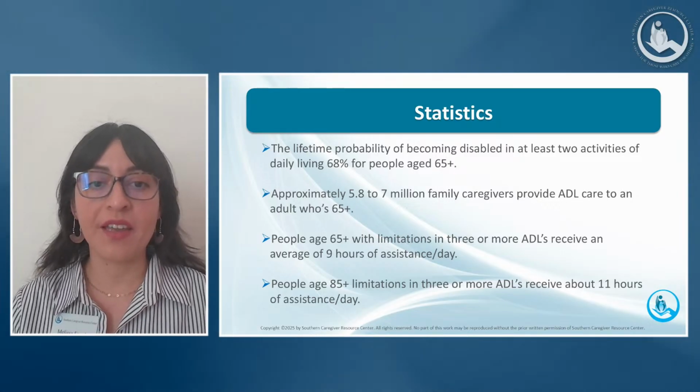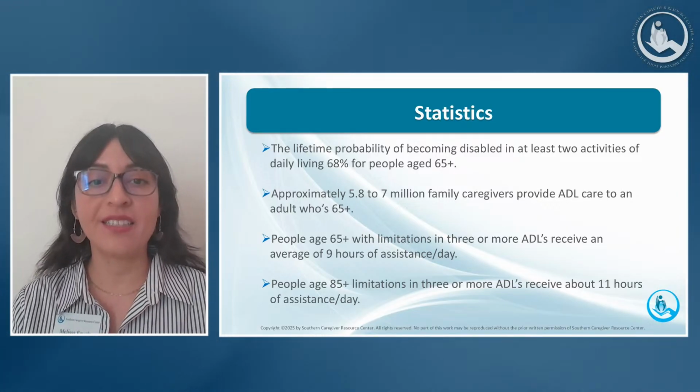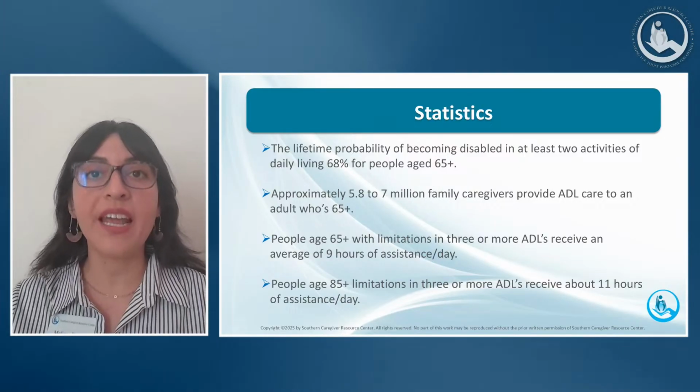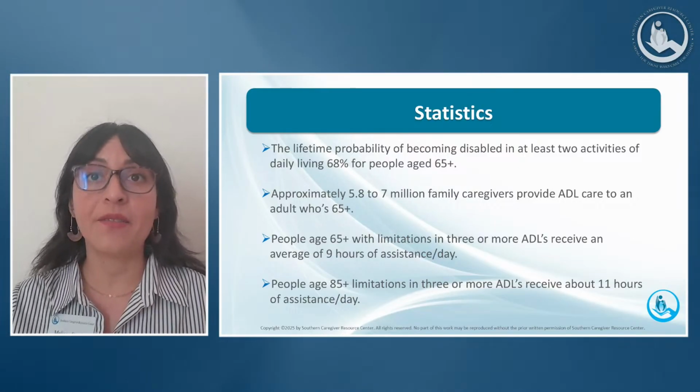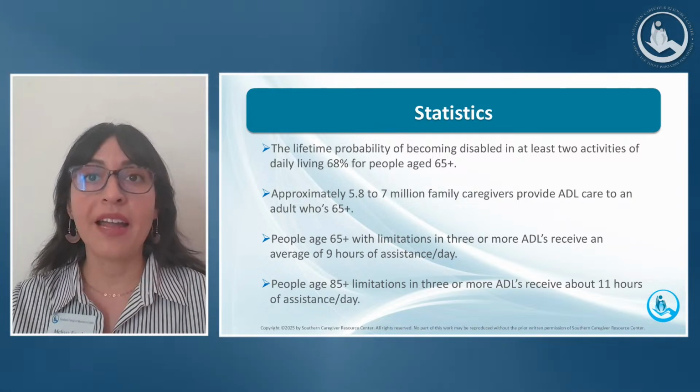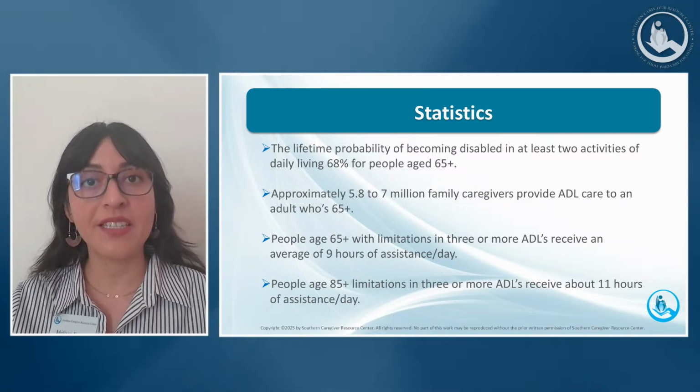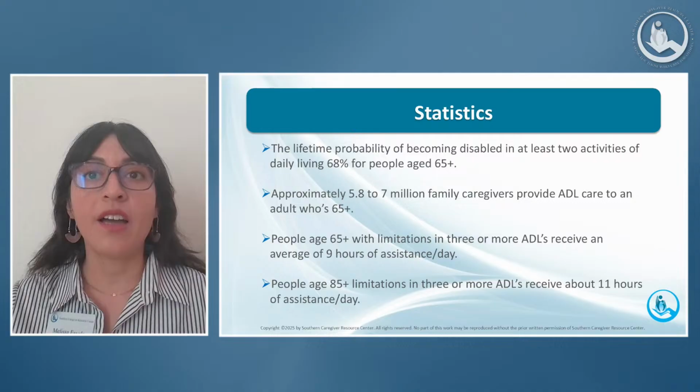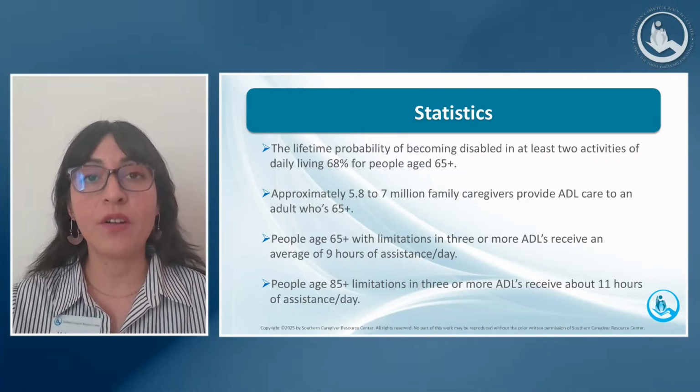So a few more years, and that means that more people will need some help with their activities of daily living. Now, the second point says that approximately 5.8 to 7 million family caregivers provide ADL care, so activities of daily living care, to an adult who's 65 and older.